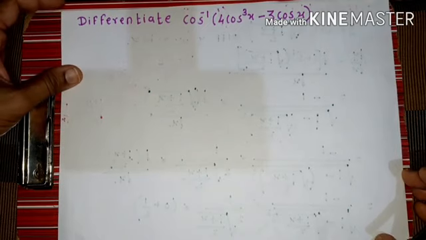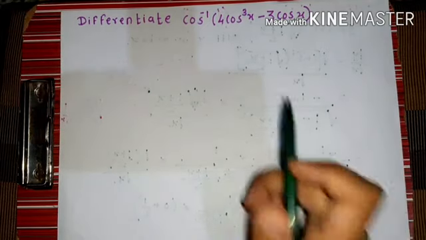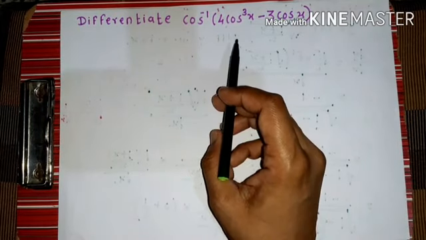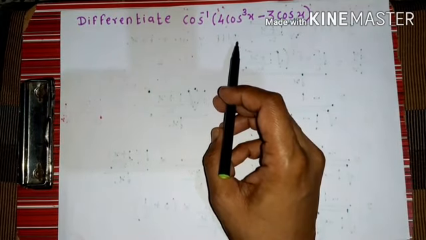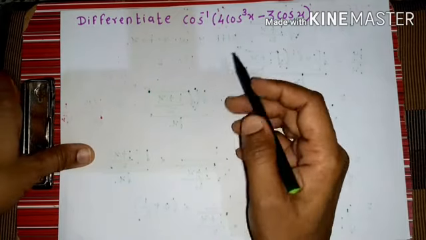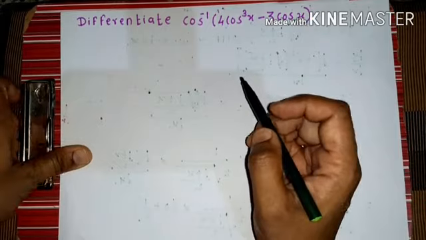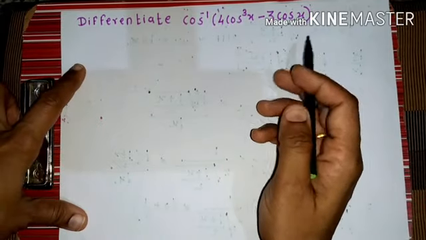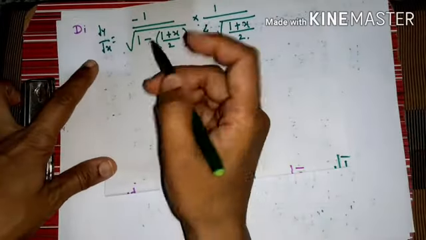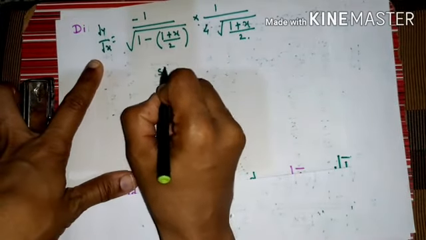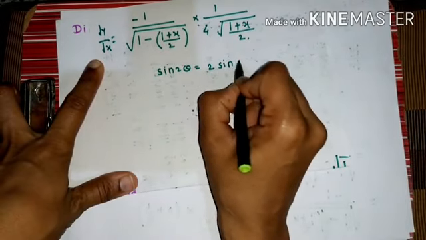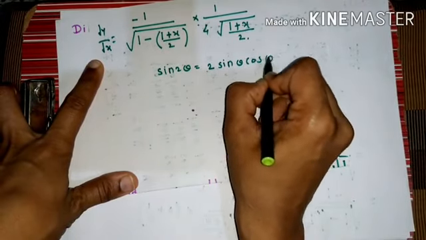Okay, students. Now see here, there are also some problems in which we have to use some trigonometric formulae that we have studied last year. Okay, so we know the formula for sine of 2 theta, that is 2 sine theta into cos theta.